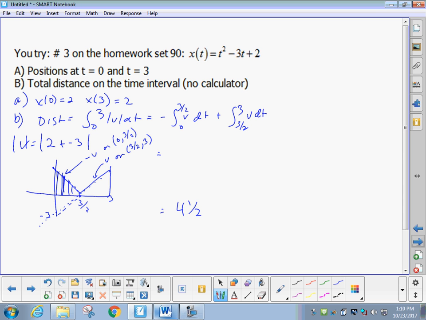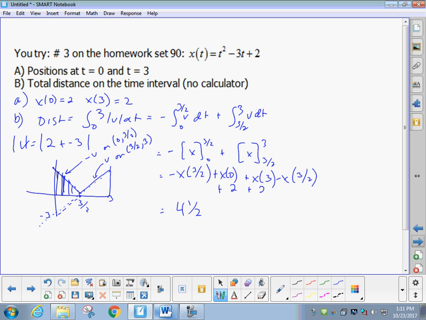So, here we go. If that's my integral translation, then I integrate v, which is position, right? By the fundamental theorem of calculus, this would be the opposite of x at 3/2 plus x at 0, plus x at 3 minus x at 3/2. In terms of substituting, I know this is 2 and this is 2.